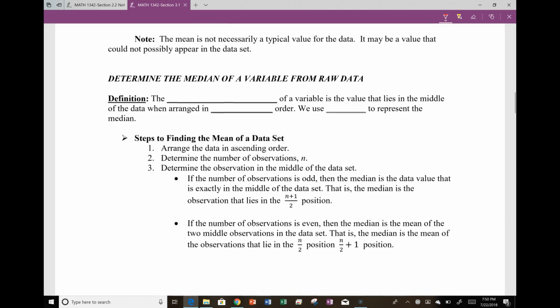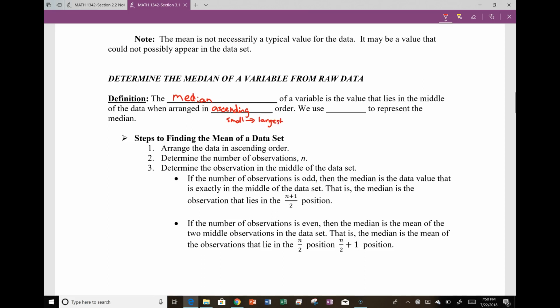The next item that we're going to measure regarding our data is what we call the median. The median of a variable is the value that lies in the middle of the data when it is arranged in what we call ascending order. Ascending order just means from smallest to the largest values.